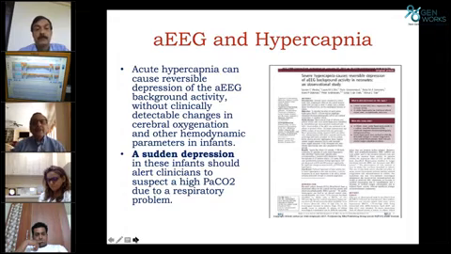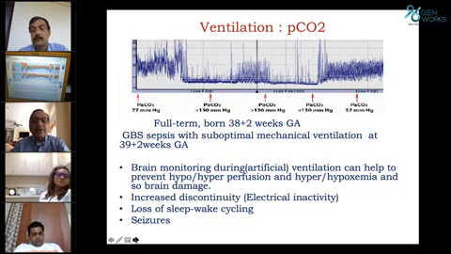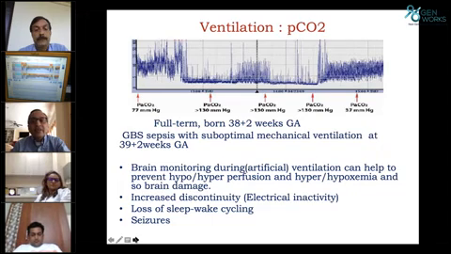Next slide, please. Here's an example from the study that shows, on the top panel, the amplitude-integrated EEG with your normal PCO2 levels at the beginning of the trace. This is a 38-week infant with GBS sepsis with ventilation that was suboptimal.